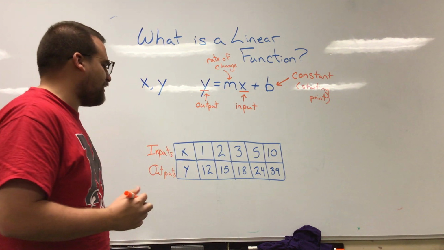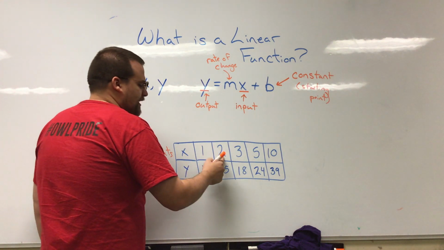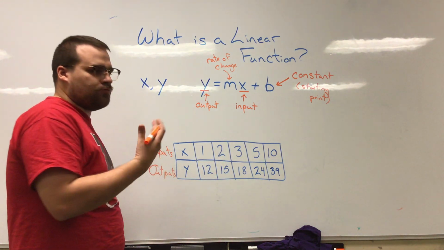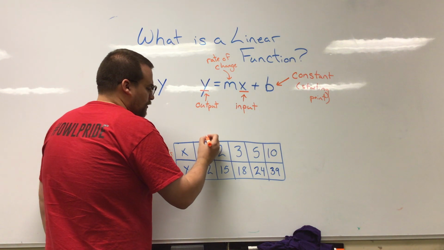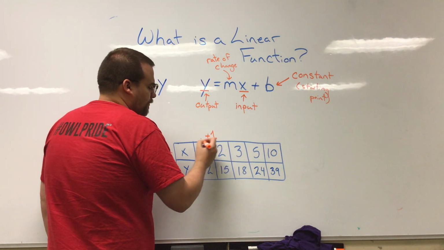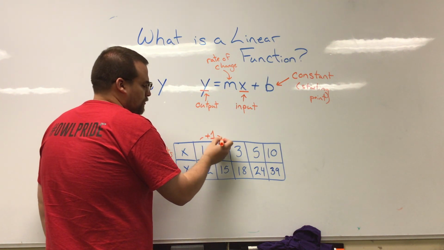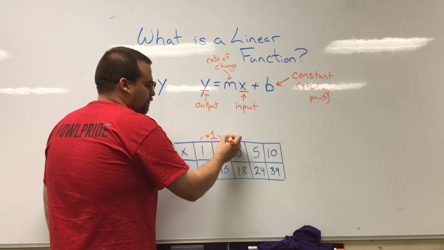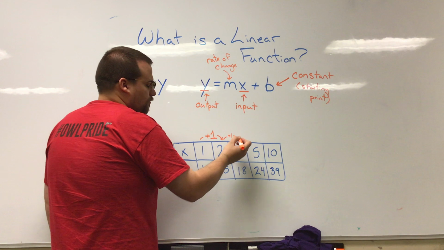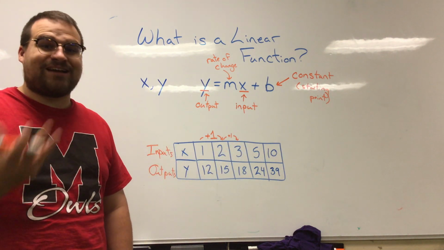Here's what I mean by that. How much change is there between 1 and 2 in the input? Well, there's just plus 1. We're just adding 1 to get between these numbers. In the same vein, going between 2 and 3, we're just adding 1 again.